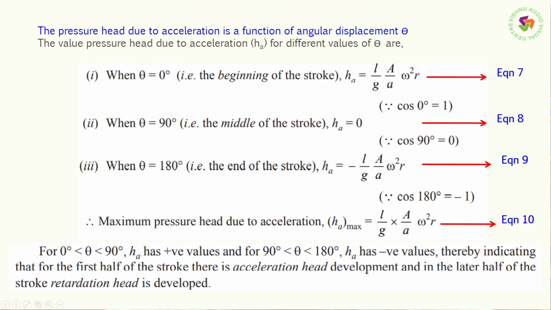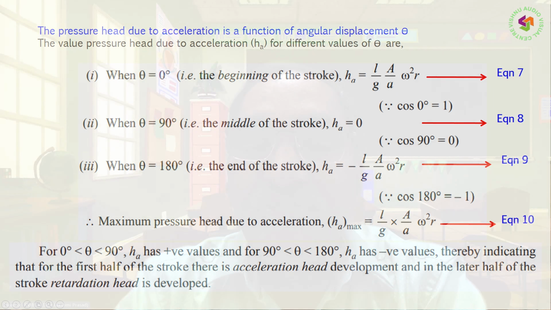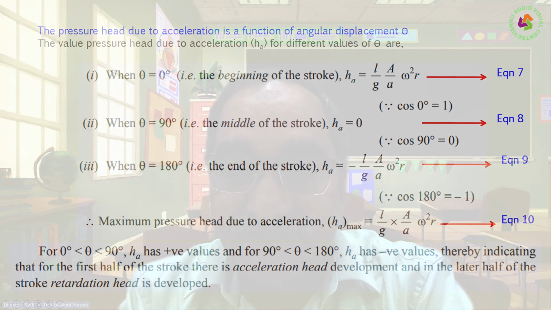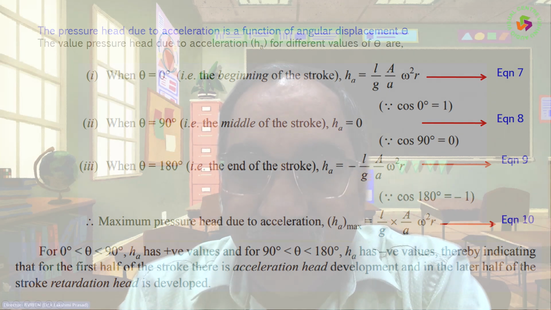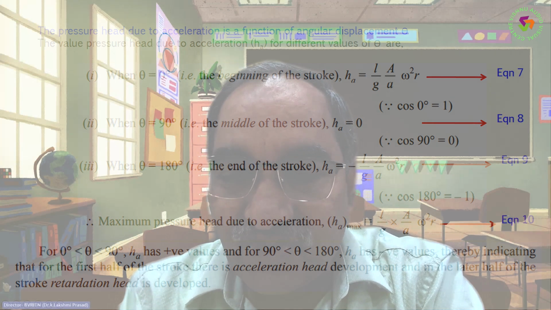So finally, what I conclude is that the velocity of flow in suction pipe or delivery pipe is not uniform. It varies. So when the velocity is varying, automatically there is some acceleration in the suction pipe and delivery pipe.